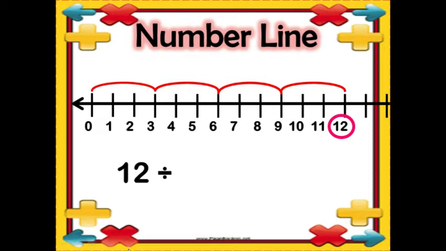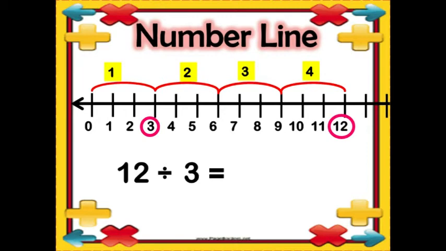Or 0, 1, 2, 3. So we have 3. So the next number that we are going to write is number 3, and the next is the equal sign. So after that, we are just going to count how many times we jump in this number line. So let's count. We have 1, 2, 3, 4.